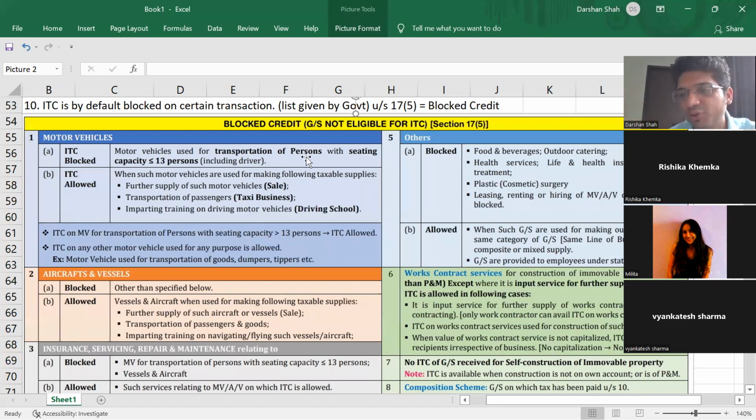So let us say I am Infosys company and I am having a bus service for my employees. Input tax paid on small buses is not allowed. Input tax paid on big buses is allowed. So what is a small bus, big bus? They have given the capacity. Capacity less than 13 persons, not allowed. Capacity more than 13 persons is allowed. Easy to remember also.